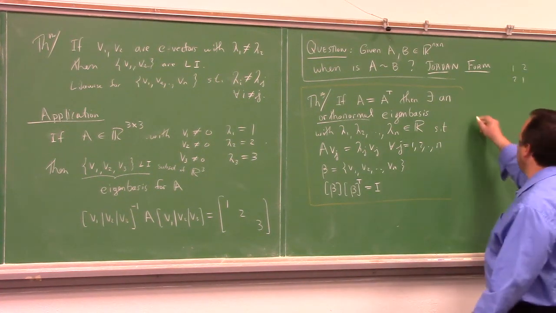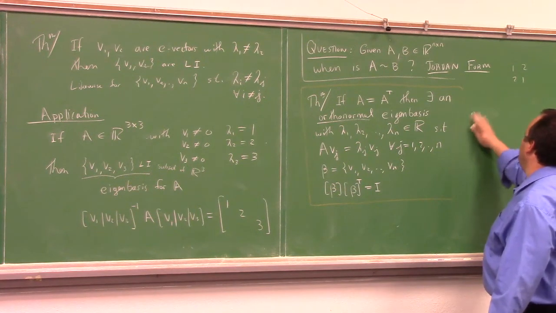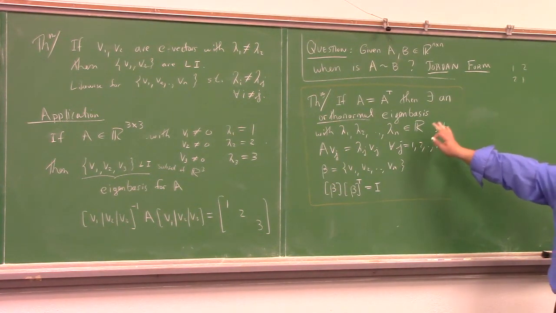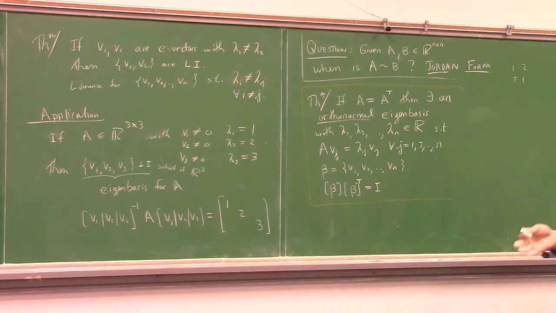So here's an application. And what this also means is that if we have a linear transformation, and it has a symmetric matrix, then that matrix is diagonalizable, that transformation is diagonalizable.